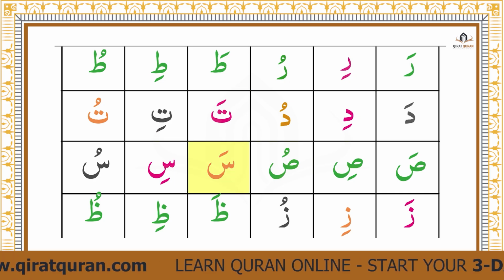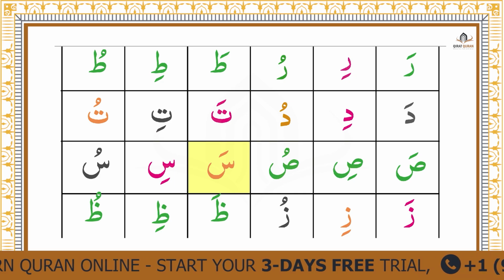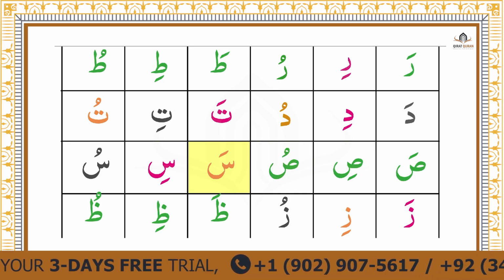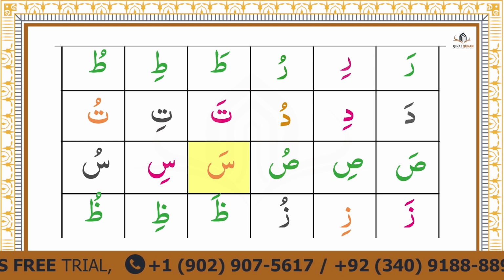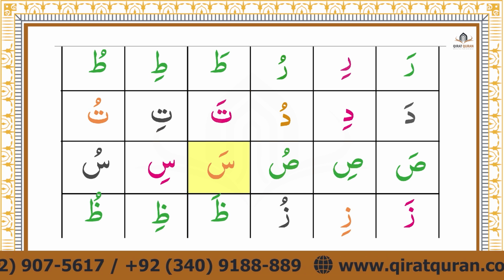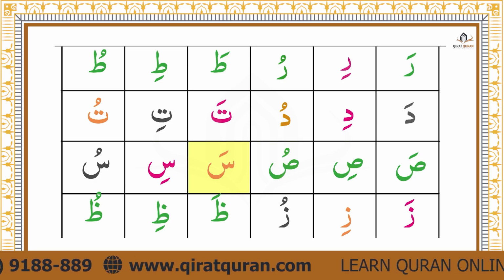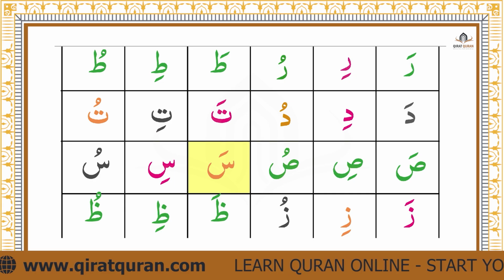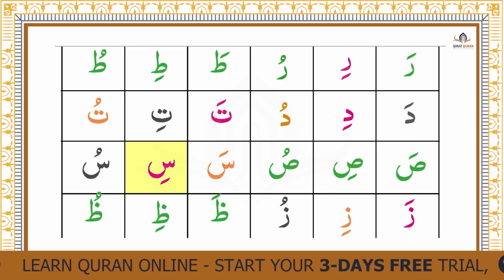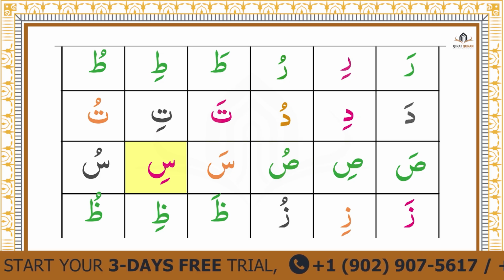Next letter is Sin. First up, Sin has Fatha on it. So first the letter, then the sign, and then we will read the sound. Sin, Fatha, Sa. Next up, Sin has Kasra here. Sin, Kasra, Si.